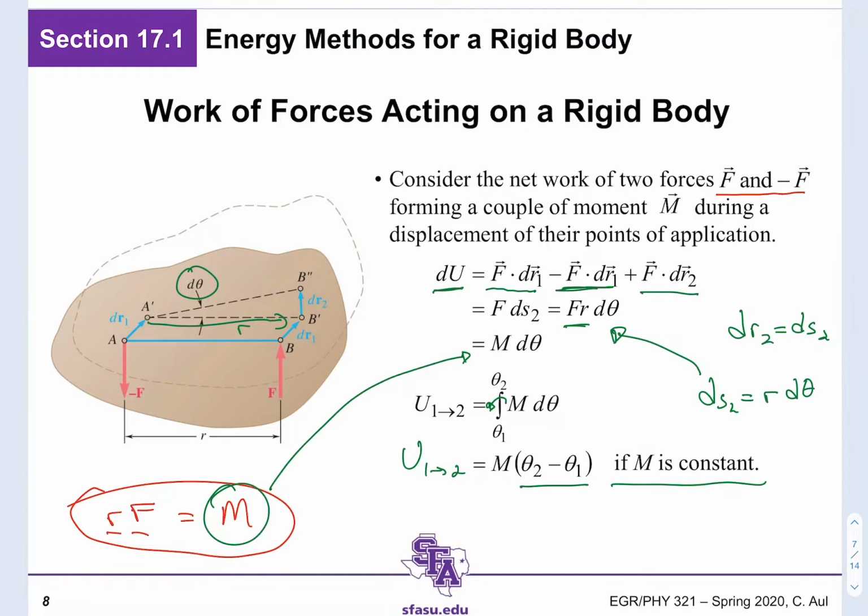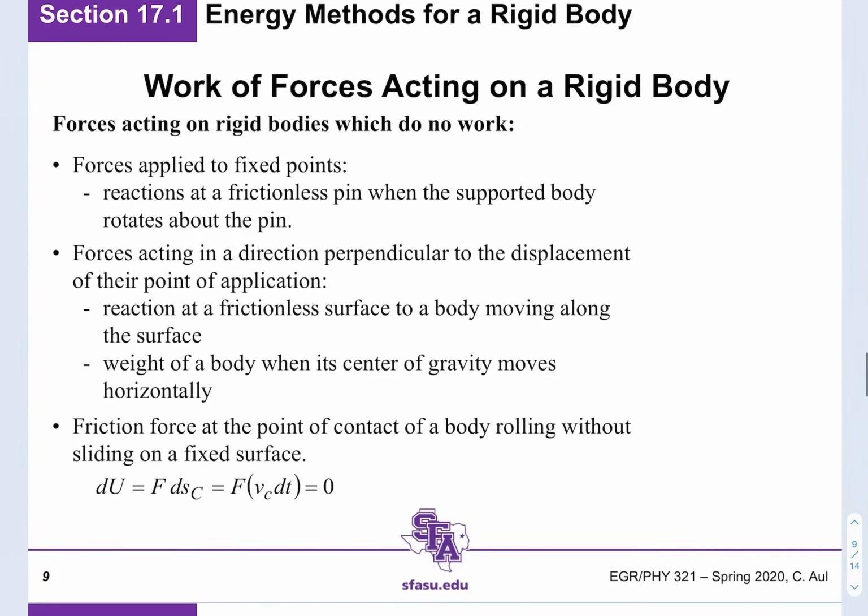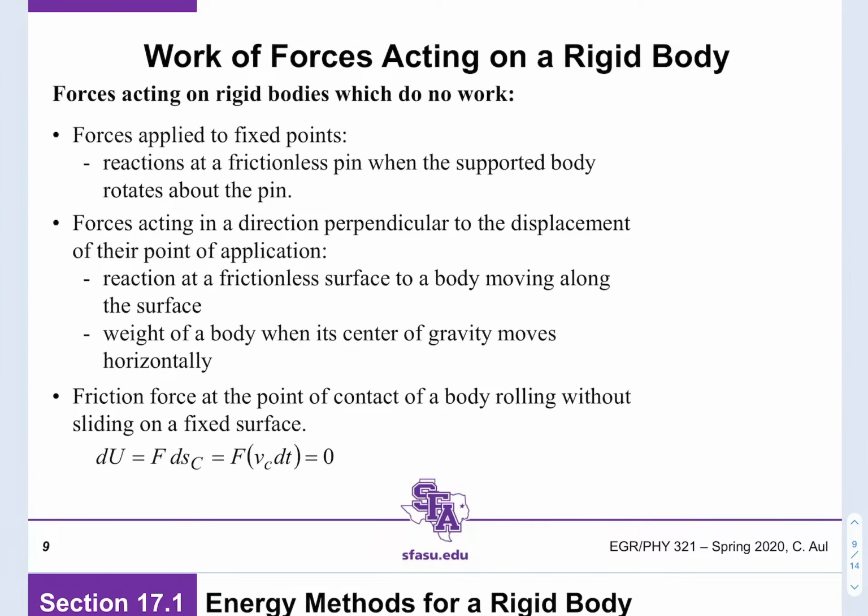So this would be my U from 1 to 2. That's the case where we're looking at a couple. If there's a moment acting on your body, then this shows you what the total work would be from just the rotation of the body itself.